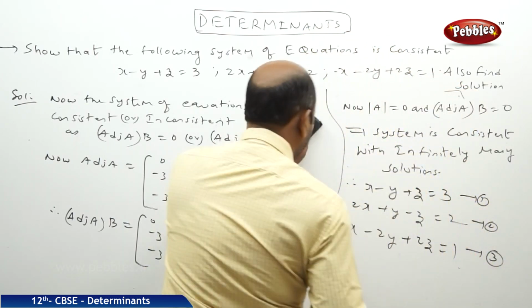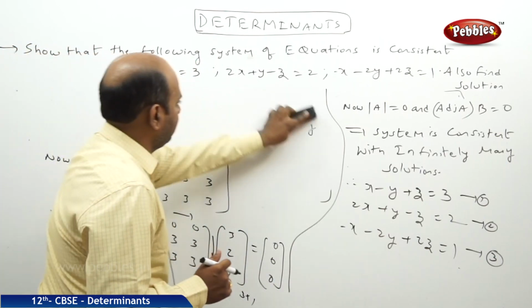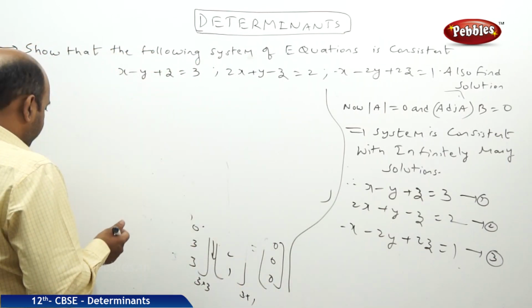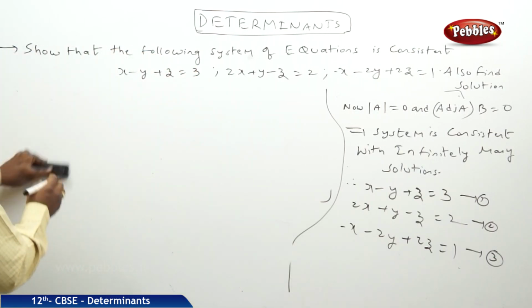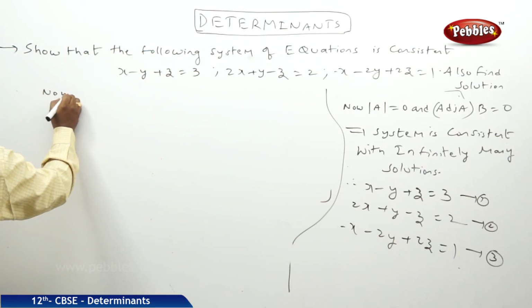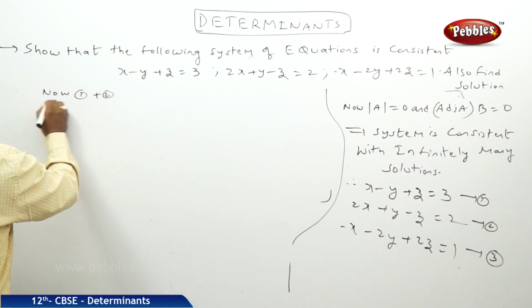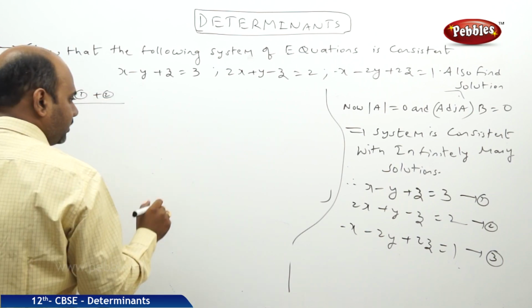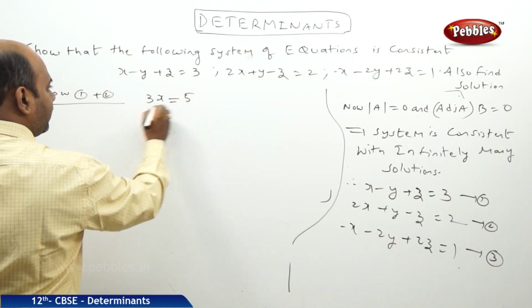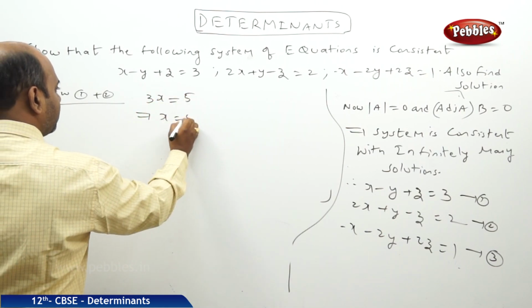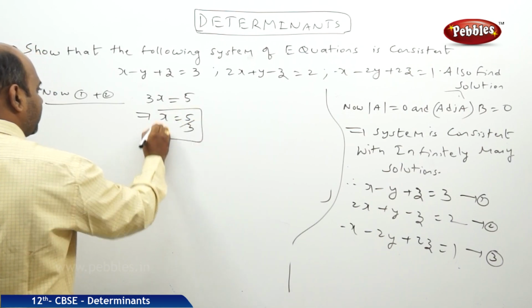So now I will add 1 plus 2. Y is getting cancelled and z is also getting cancelled. So 3x is equal to 5 I obtain. So x is equal to 5 by 3.